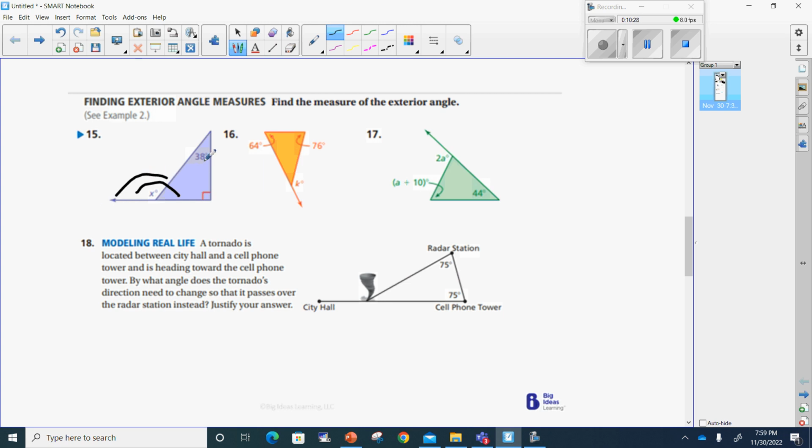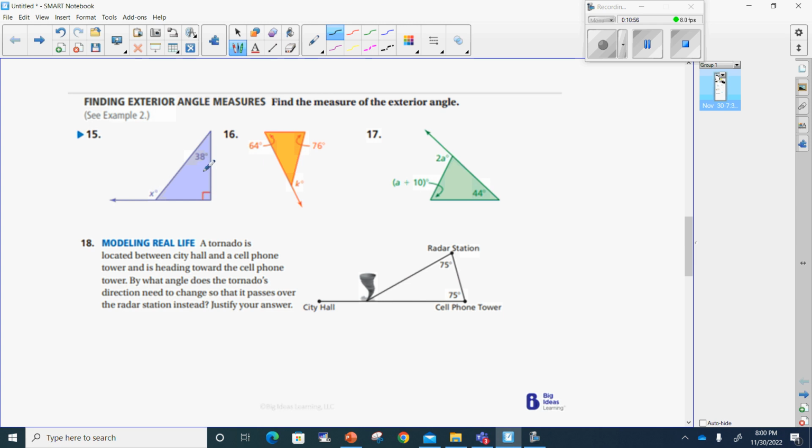Because think about it. These together, when we add them together, have to add to this to get to 180. But this has to add to this to get to 180. So they have that in common. That makes this really easy. We know that these two will add up to be this one out here.